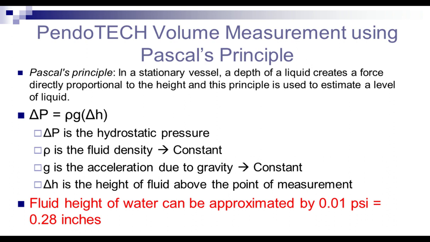The equation is listed here. The principle only works for this application because density and acceleration due to gravity are always constant here. Therefore, the pressure reading is directly and solely proportional to the height of the liquid. This is also why the position of the sensor is crucial.